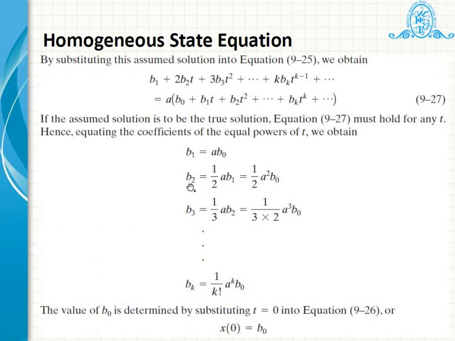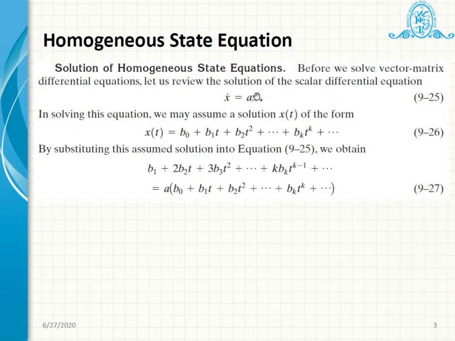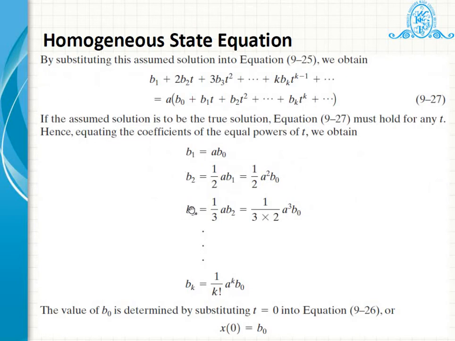So we have calculated b1, b2, b3, and all the values as a function of a, that is a known parameter, and b0. a is a known parameter here because x dot is equal to ax. So all the b's except b0 are calculated as a function of a, which is known, and b0 that is unknown at this moment.